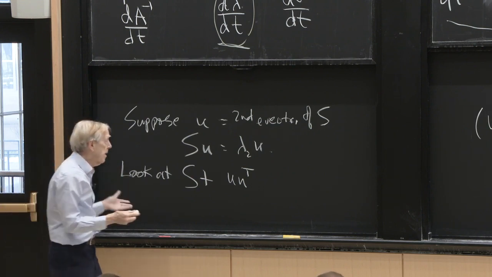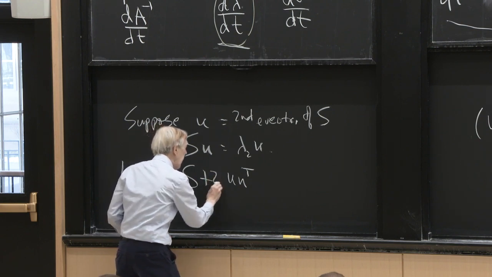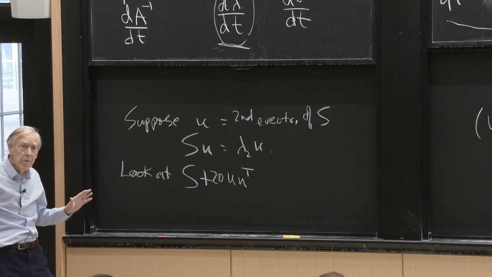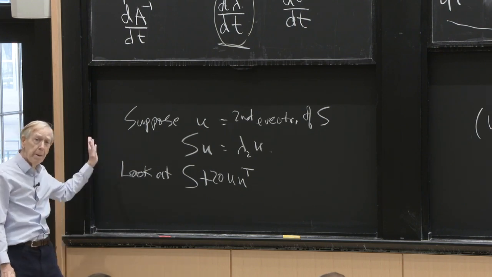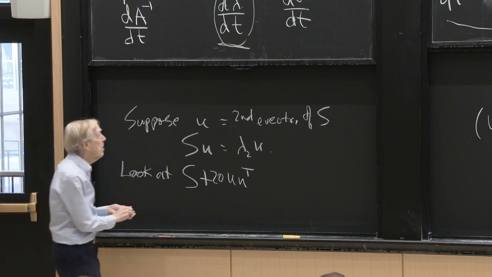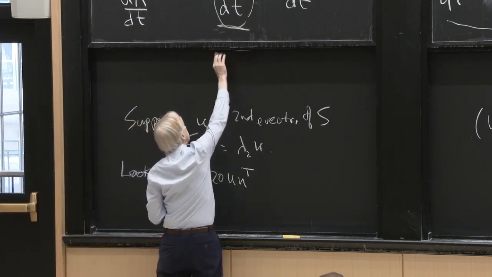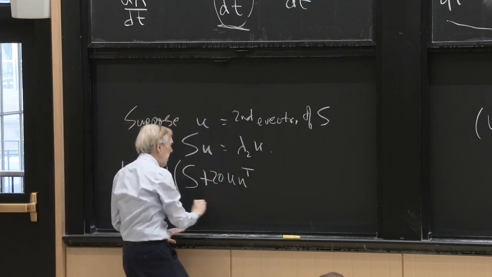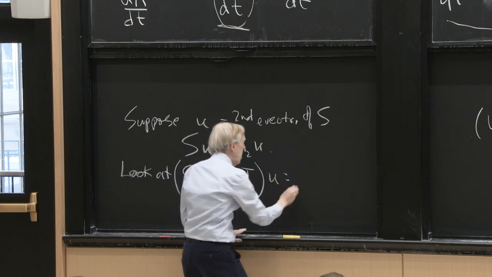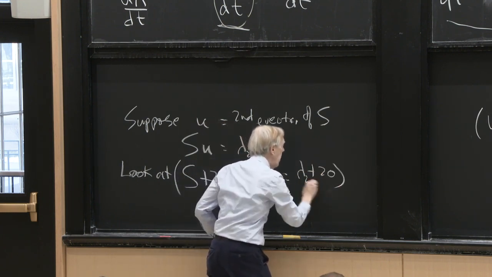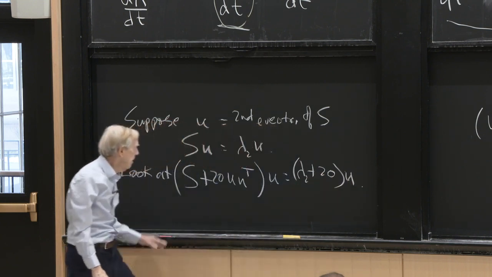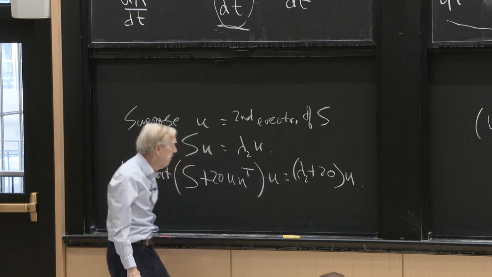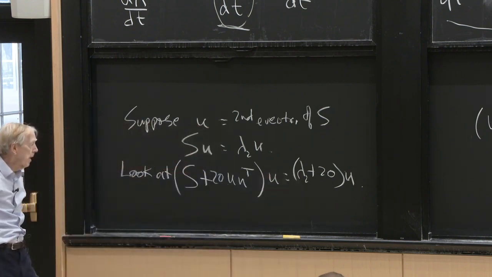But what worries me is, if I multiply this by 20, some big number, I'm going to move that eigenvalue way up, way past. I got worried about this inequality, right? When I add this, that same u has eigenvalue lambda 2 plus 20, right? S u is lambda 2 u, and this 20 is 20. u is a unit vector.